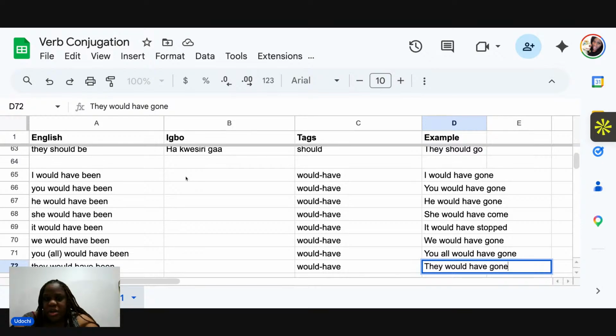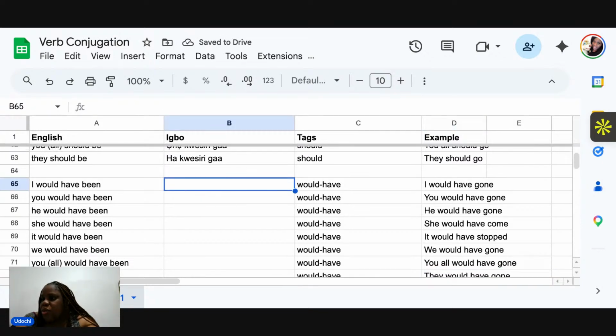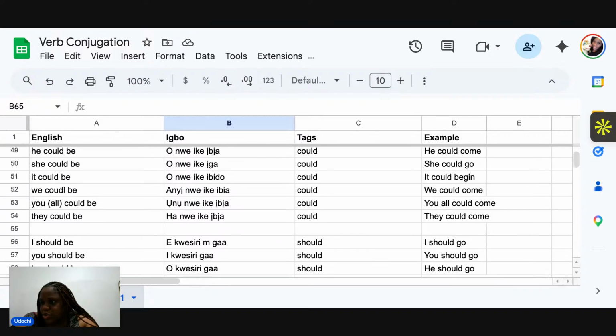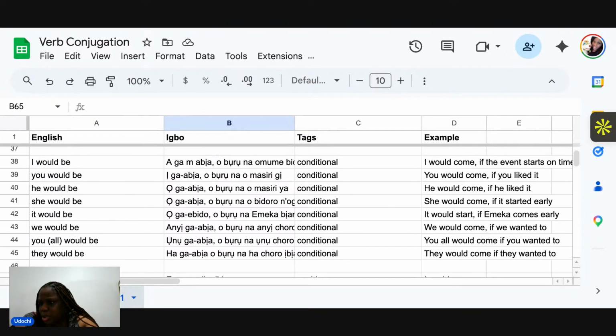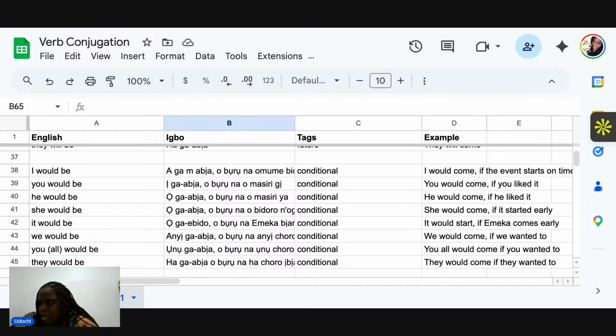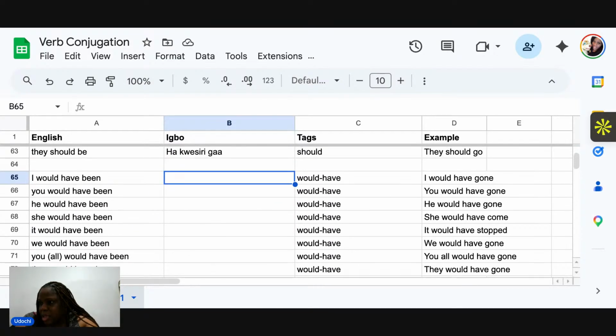I would have gone is... what do we say would is? And then we'll just make that past tense, right? Would is ga. And then I would have gone is agaram aga. Right?